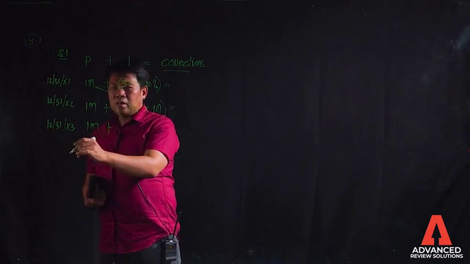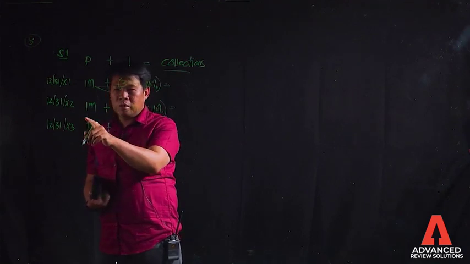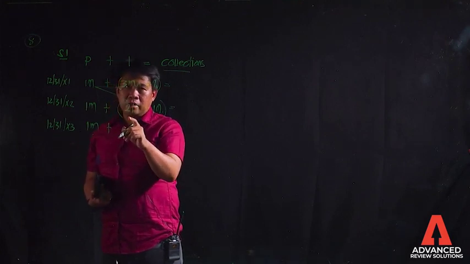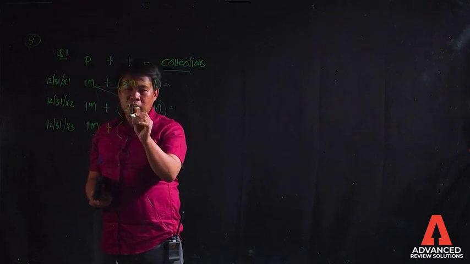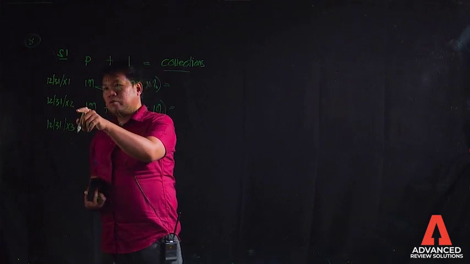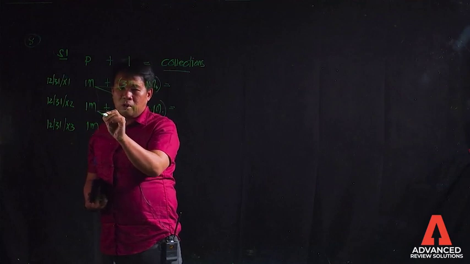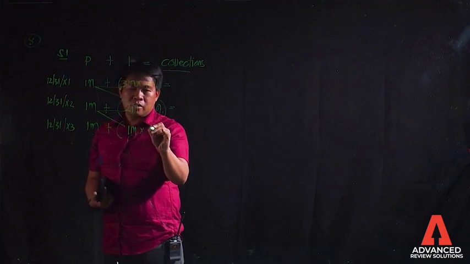In 20x3, this is 1 million. This is the amount of principal that will mature on December 31, 20x3, plus the interest on the outstanding principal balance. And the outstanding principal balance is not anymore 2 million because a 1 million bonds was matured on December 31, 20x2. So the amount of outstanding principal here is only 1 million pesos times 10%.